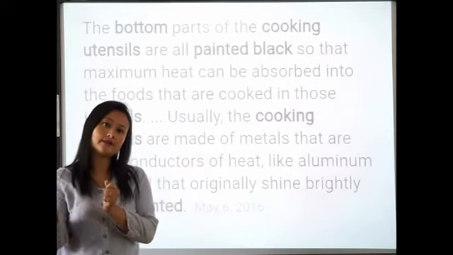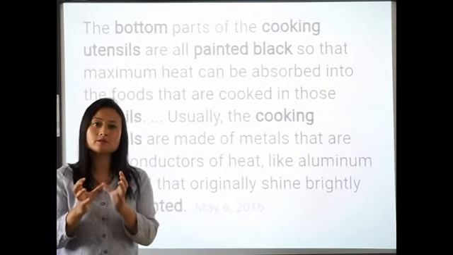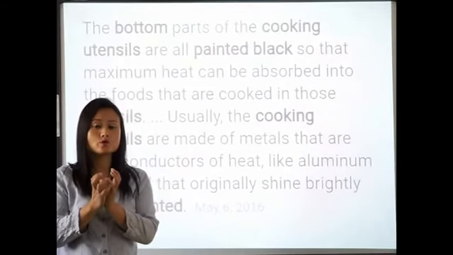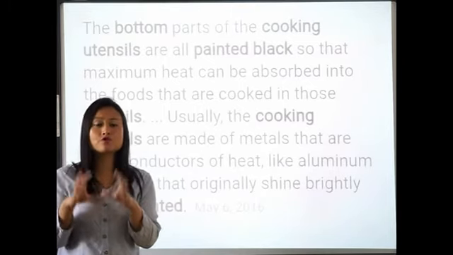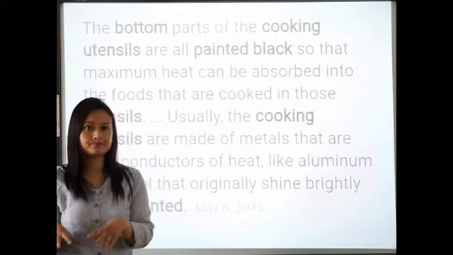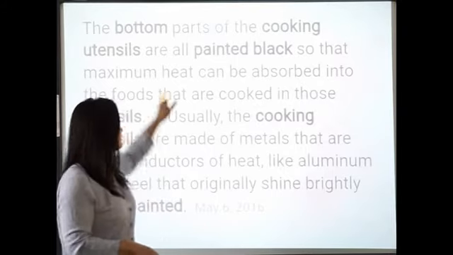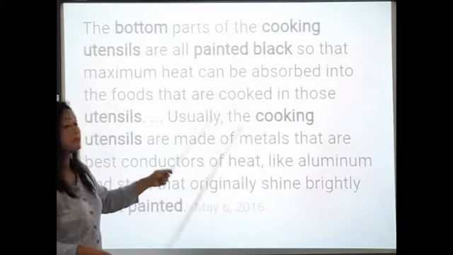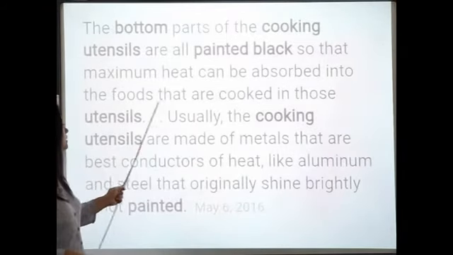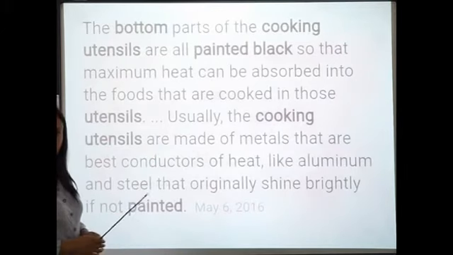On top of that, if they are painted black, the heat absorbed will be more, and the food inside the utensils will be cooked faster in a shorter time. Thus the cooking utensils are painted black so that the maximum heat can be absorbed into the food that is cooked in them.